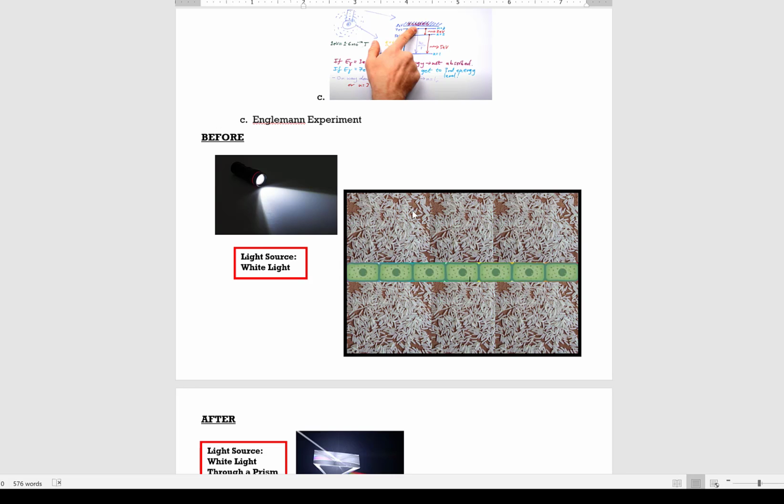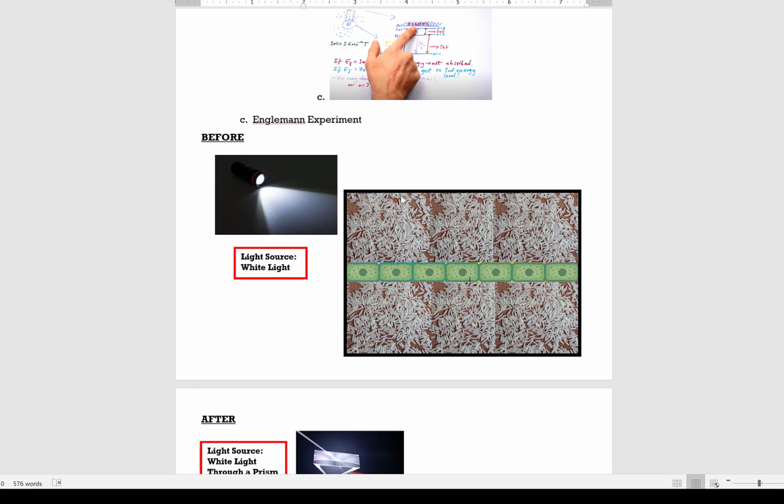of light? And Englemann designed an experiment to test to see if certain photosynthetic organisms were absorbing one wavelength of photon, multiple wavelengths of photons, or all the wavelengths of photons that were coming from the sun.